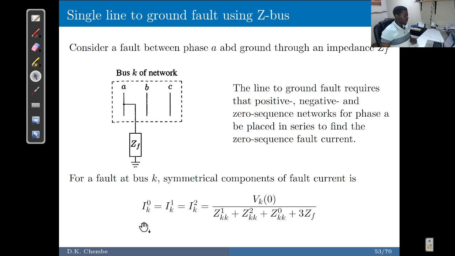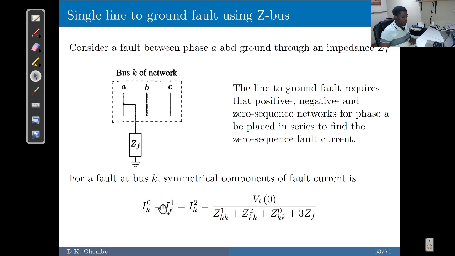So the fault current on bus K, for the symmetrical components, are going to be equal. Remember, they are connected in series. So you've got the zero sequence connected in series to the positive sequence, connected in series to the negative sequence, and therefore the current flowing in that loop is the same, which is simply IK0 equal to IK1.